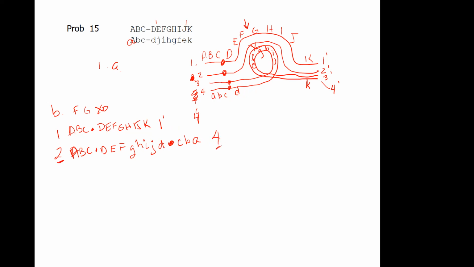Okay. Now we pick chromatid 3. Chromatid 3 just goes on this inside loop, doesn't touch anything.